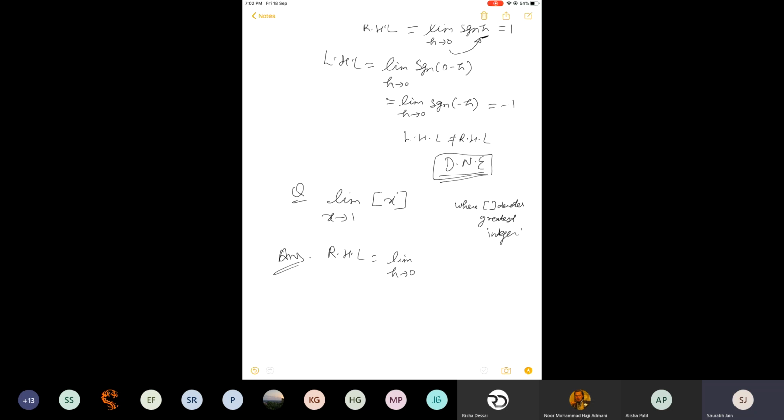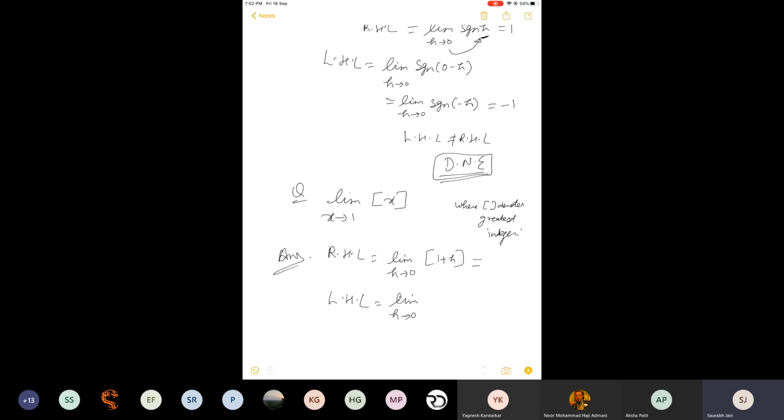In place of x, we will put a plus h. A is 1 here. Please tell me the value of RHL. What is greatest integer of 1 plus h when h is tending to 0? 1. Yes, correct. Because it is slightly greater than 1, right? So greatest integer will be 1.